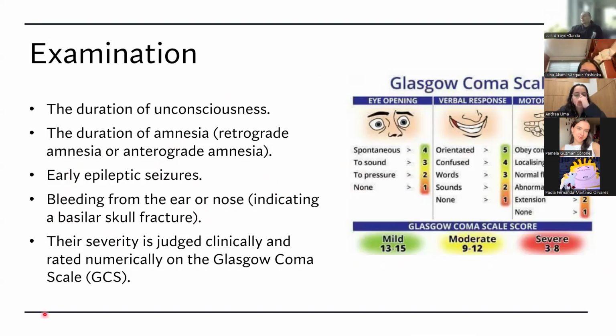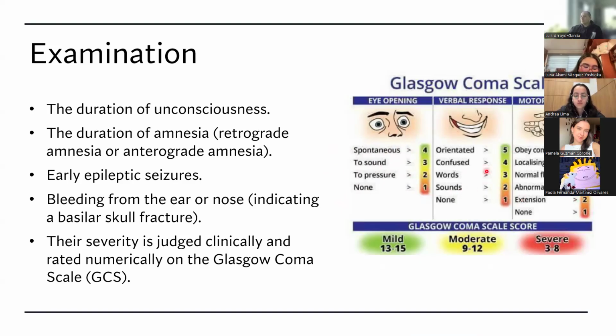And how bad or how good you are depends on the Glasgow Coma Scale. These are three things that need to be checked when someone hits the head. First, the eye opening: whether they respond to spontaneous movements, to sound, to pressure, or it's totally lost.